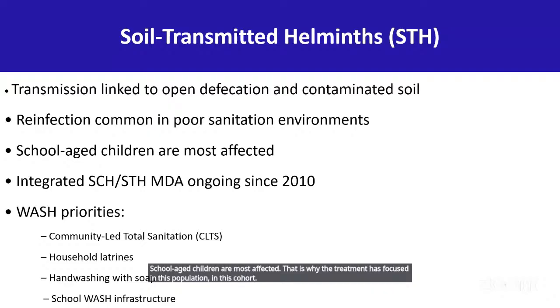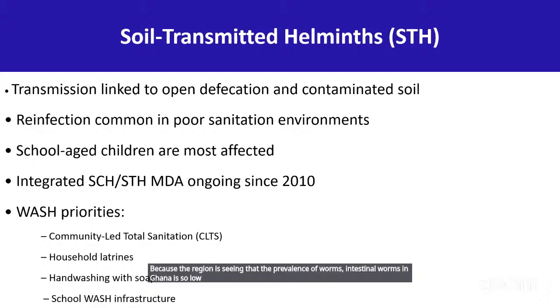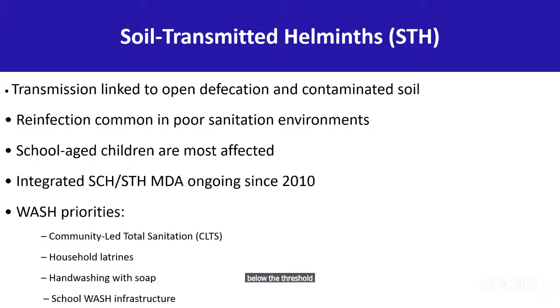Integrated school SCH, schistosomiasis, and STH, soil-transmitted helminths, MDA has been ongoing since 2010. But very soon, the connection with STH will be over, because WHO is saying that the prevalence of intestinal worms in Ghana is so low, below the threshold of being a public health problem.